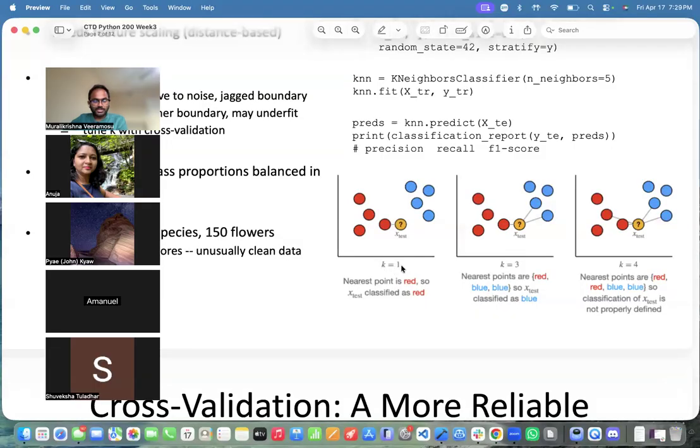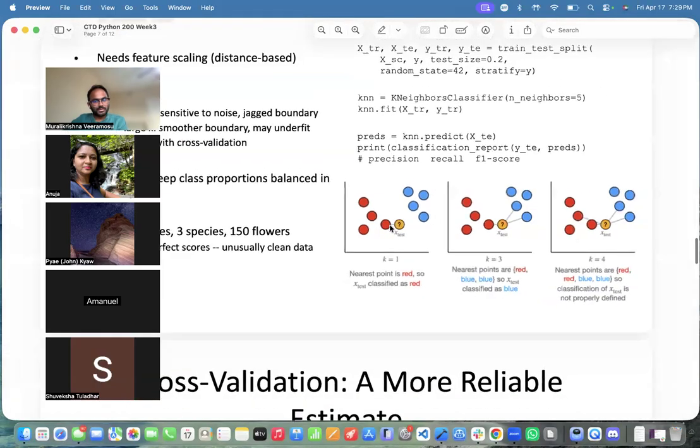That means we are predicting by looking at the nearest one neighbor. So this is the X test we need to predict. Then the nearest neighbor to the value we need to predict is this red circle. So the X test is predicted as red.